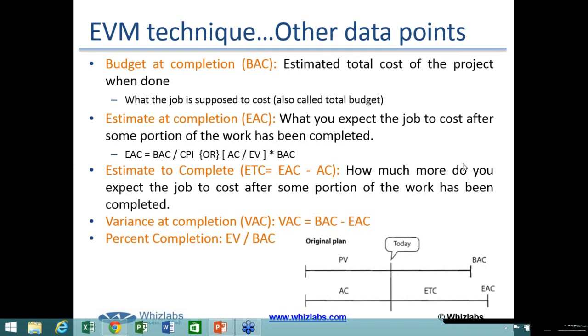Okay. Then we have something called estimate to complete. So supposing you are the project manager, and one fine day your supervisor, your delivery manager, comes to you and wants to know whether you would be able to complete this project in the given budget.